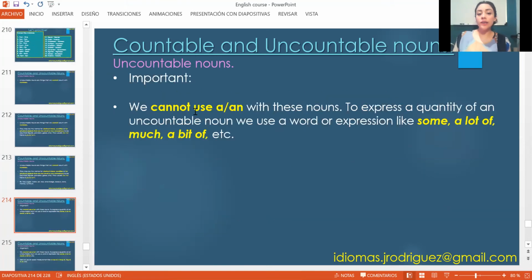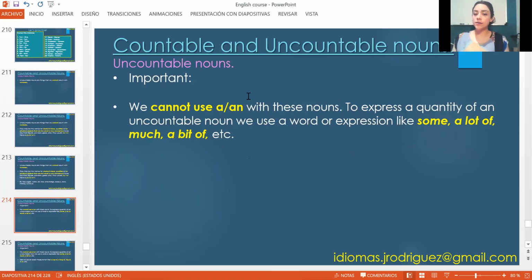So we cannot use a or an with these nouns. To express the quantity of an uncountable noun, we use a word or expression like some, a lot of, much, a bit of, okay?